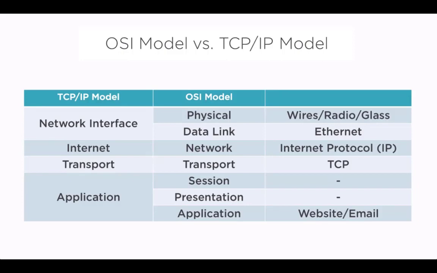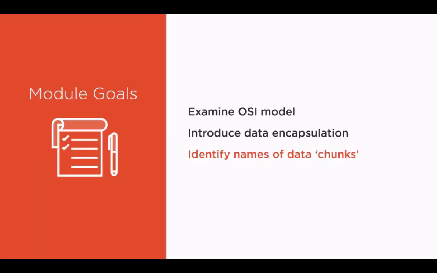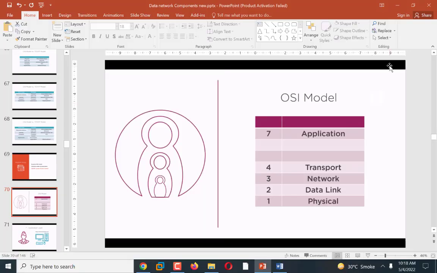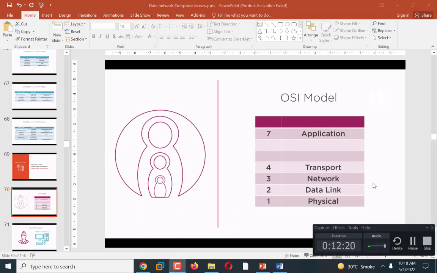For example, HTTPS and SSL work on the session layer. So this is the OSI model and the TCP/IP model. I told you previously that if you understand this model, you can easily grasp the advanced concepts of routing and switching.